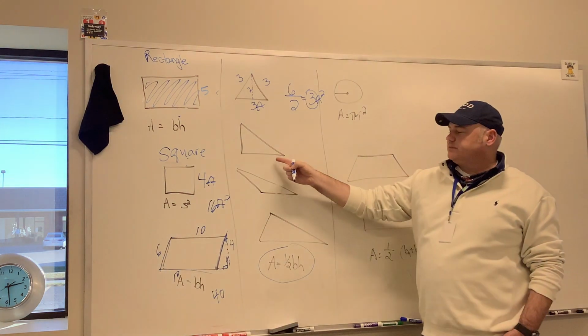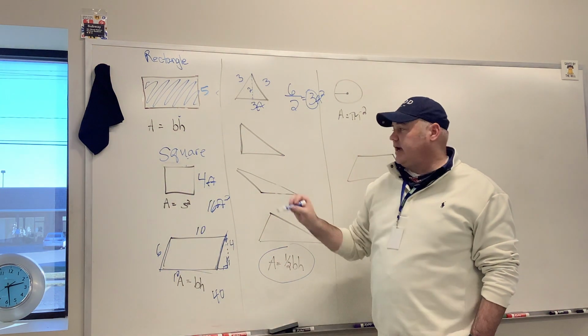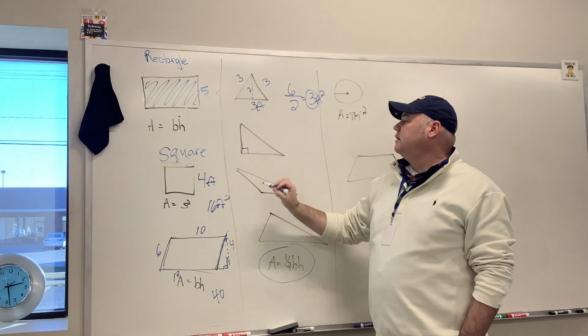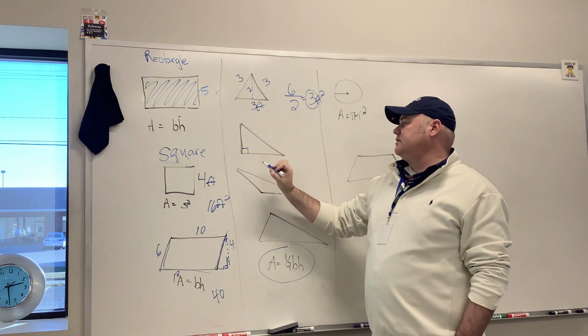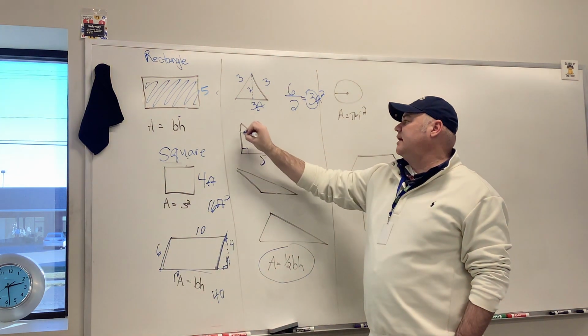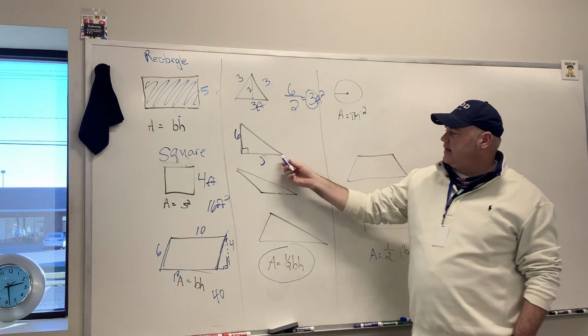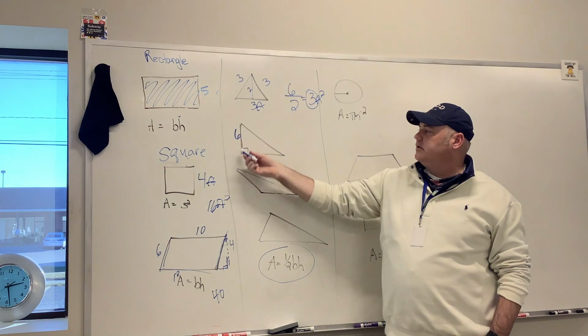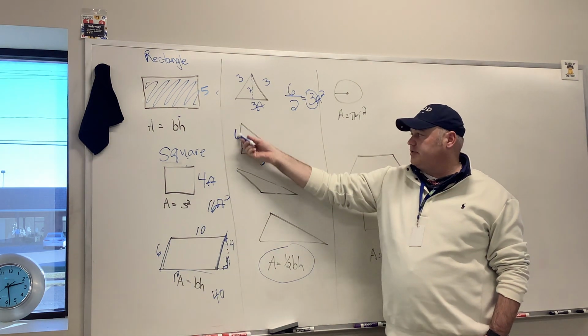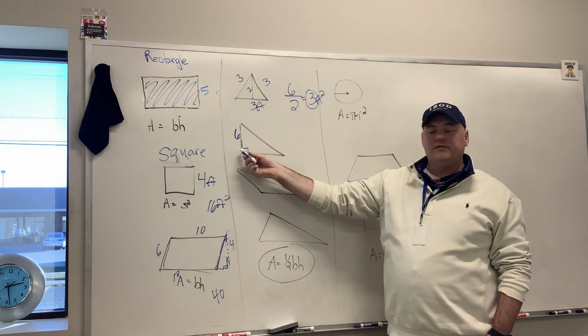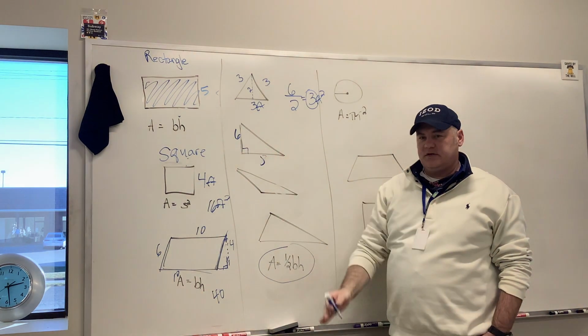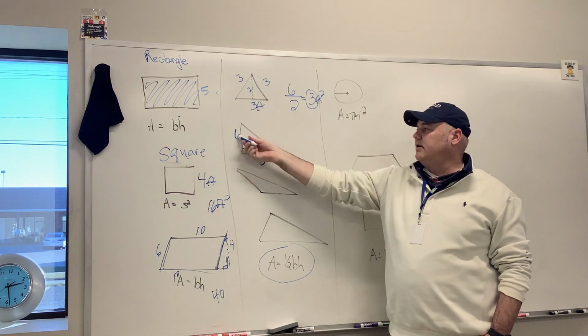Well, here we've got a right triangle. These are actually a little bit easier because let's say this base is 8, and let's say the height here is 6, okay? Well, if you're standing here at the base and you say, well, how tall is the triangle? This is how tall. You've got a straight ruler, okay? You've got your 90 degrees here, so you've taken that ruler straight up. So this is already the base and height.